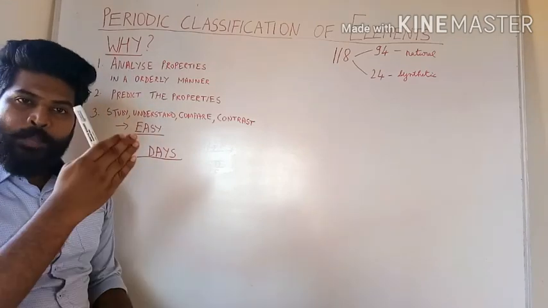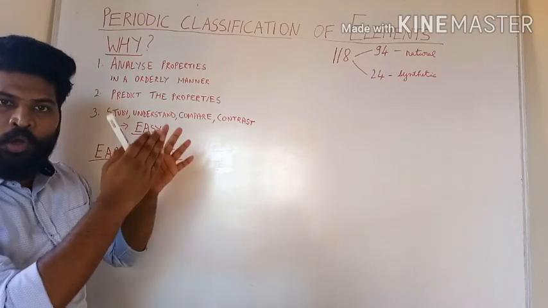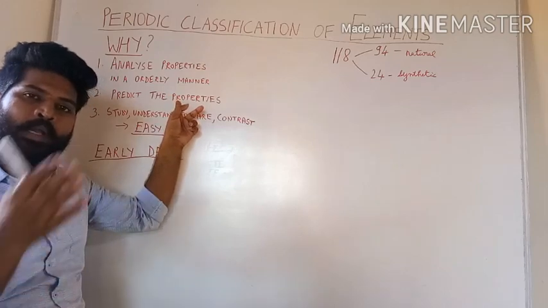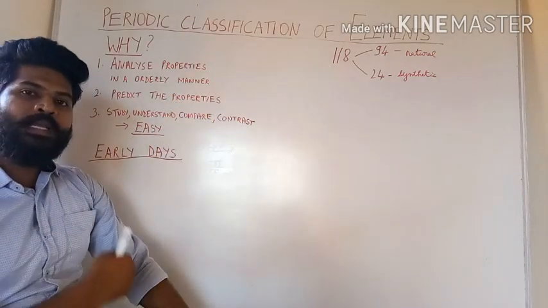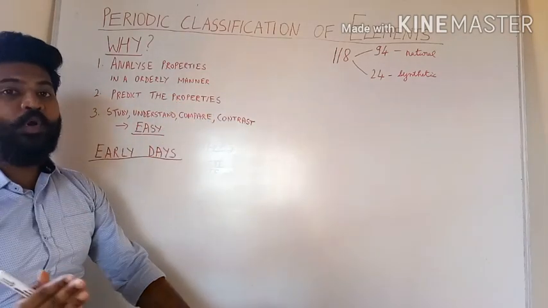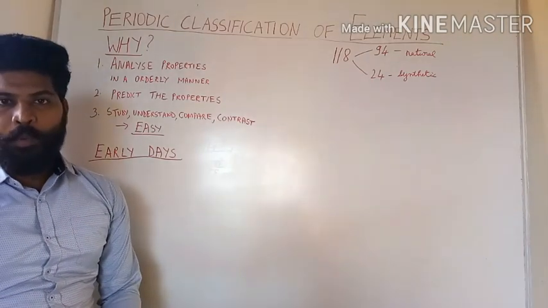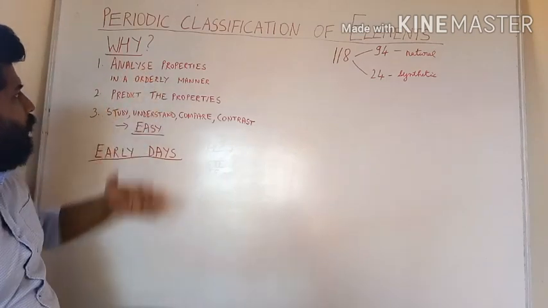When we group the elements into a certain order, if you study one element in that particular group, it is like studying all the elements of that group, because they would have the same physical and chemical properties. That is why we classify elements.